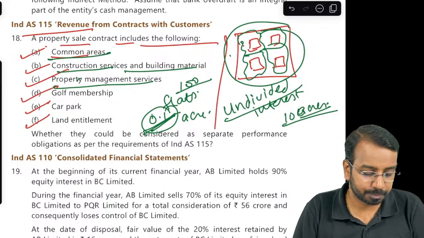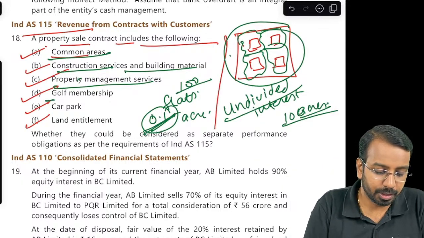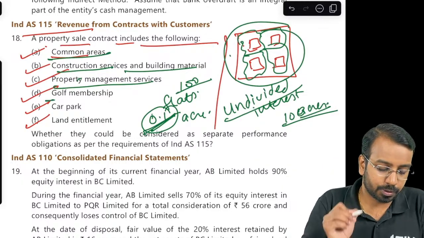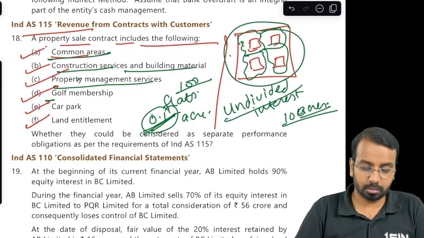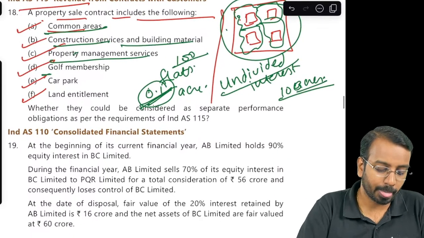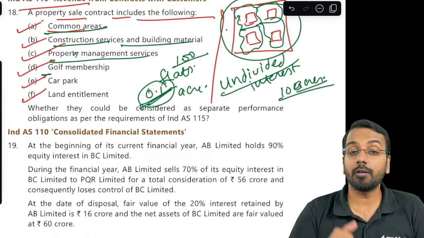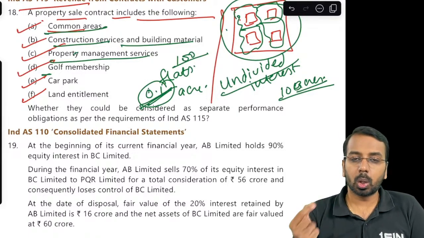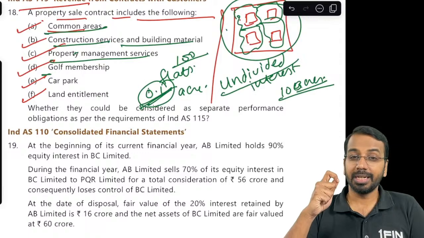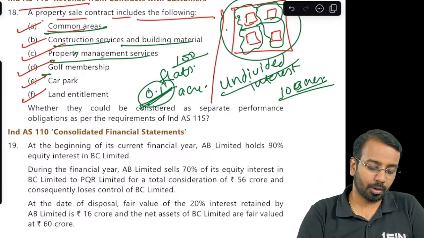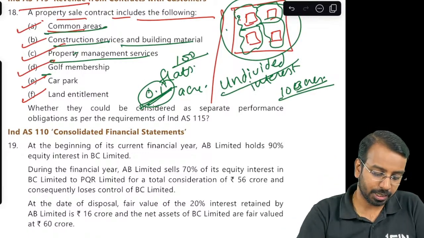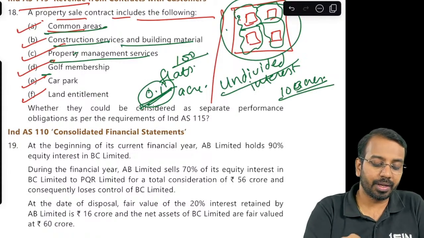That is also sold. Golf membership. So I'll just read this out. Golf membership. When we say golf membership, what do we mean by that? Golf membership means they are providing some other membership. Car parking within the society. Land entitlement, undivided share of land.